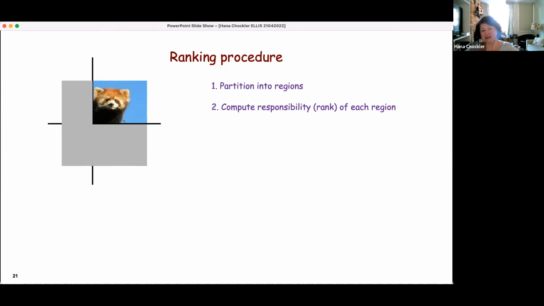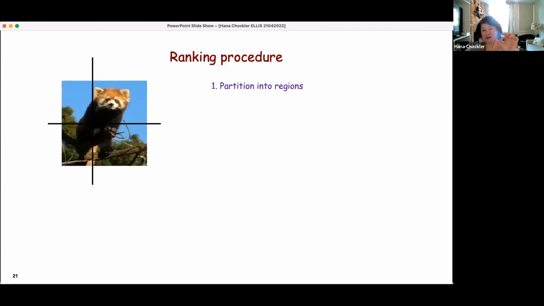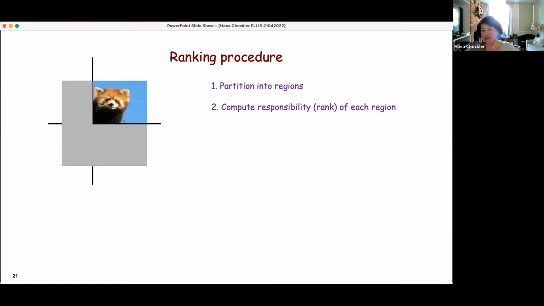Now this region by itself, based on the definition of responsibility, is my contingency that I introduced by covering the rest of the image. And now this is still a panda, but if I remove this one, the remaining part is no longer going to be a panda, right?